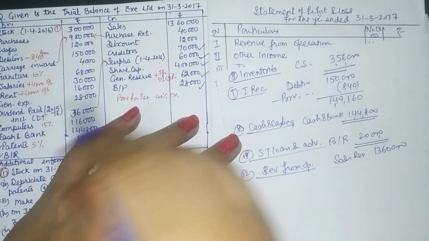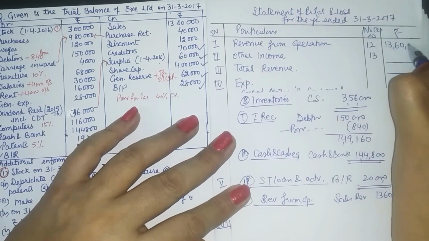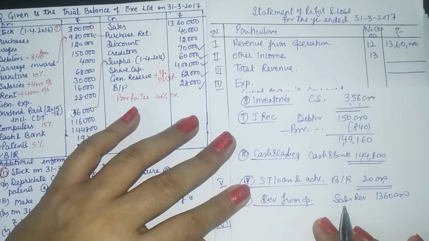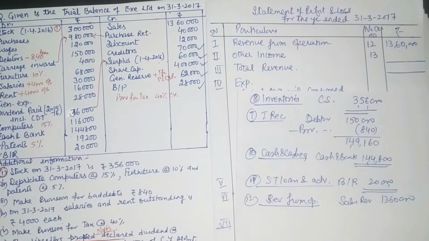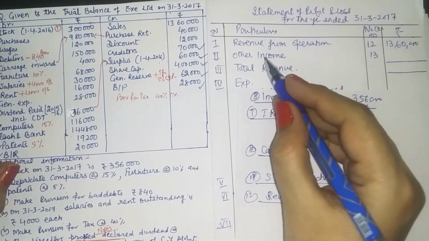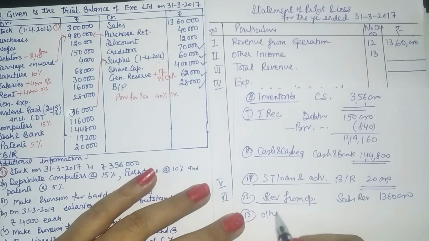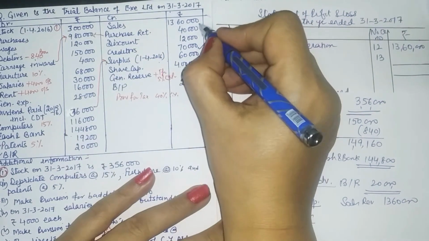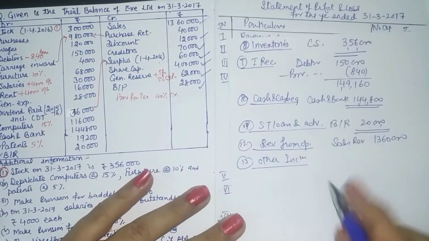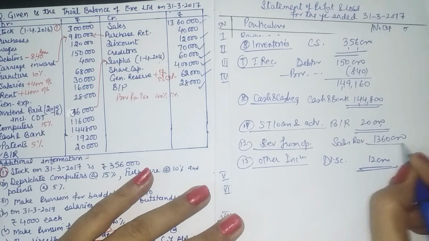We do not have any sales return, so it can directly be taken, 13,60,000. Next, other income. You have purchase return, which will be adjusted in purchases, so you are left with discount only. So other income includes discount of 12,000. So this will be written.